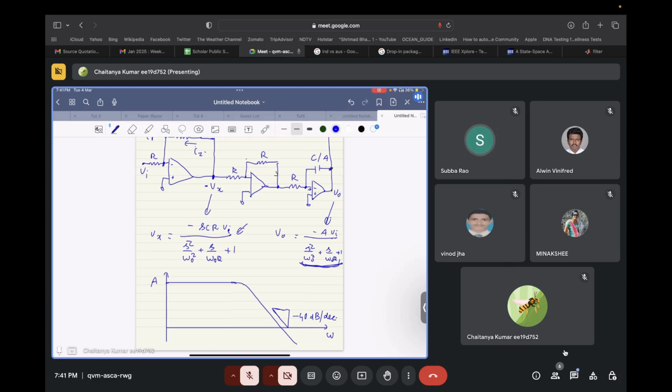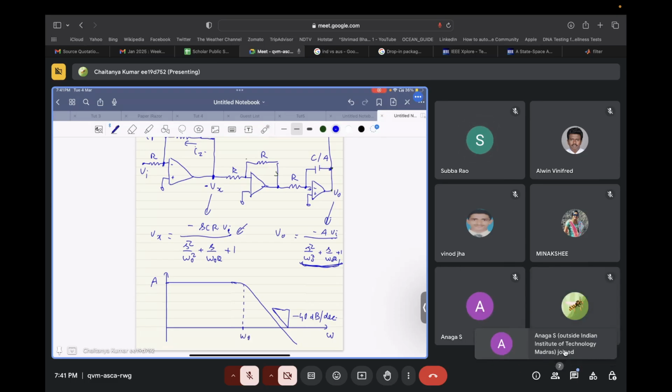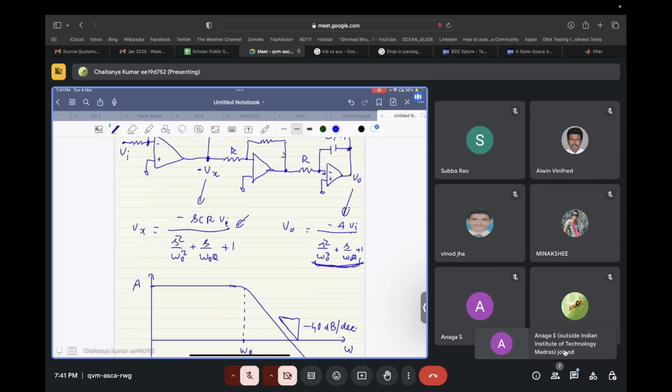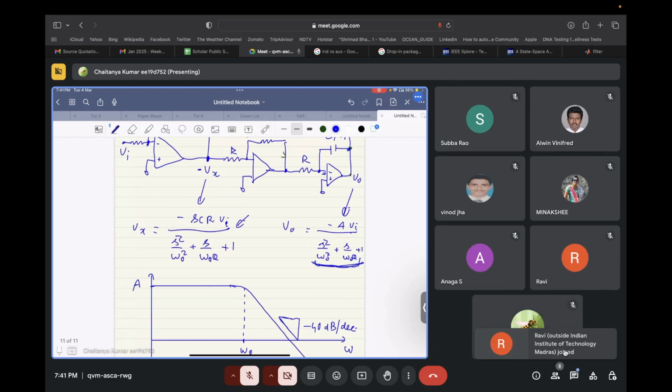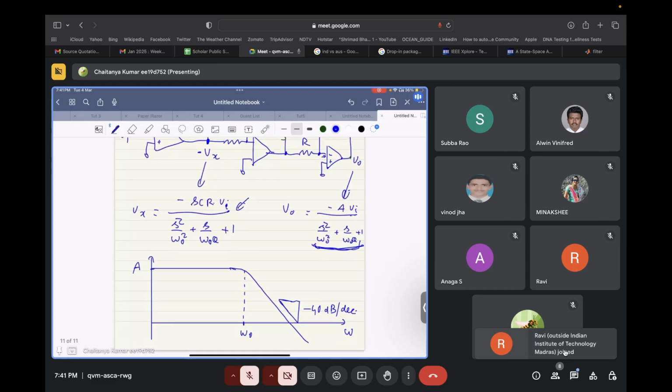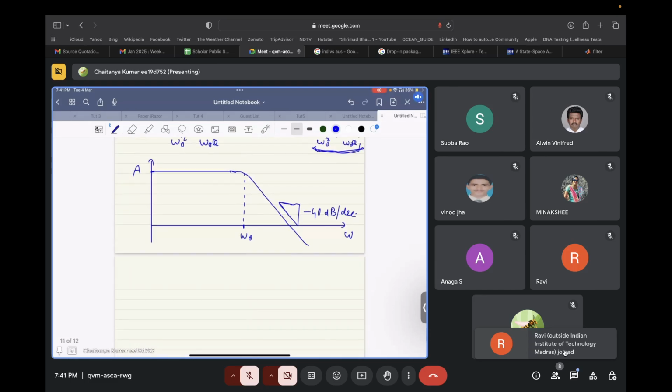And let's say this is omega naught. Okay. So what will be the value at omega naught? Let's try to calculate the value at omega naught. So we will replace S by j omega. So we get V naught as minus A times Vi.